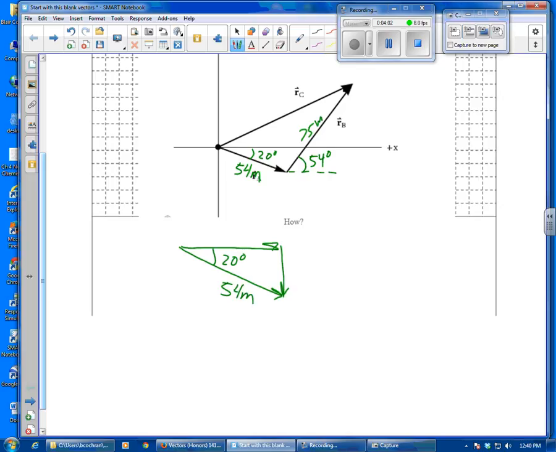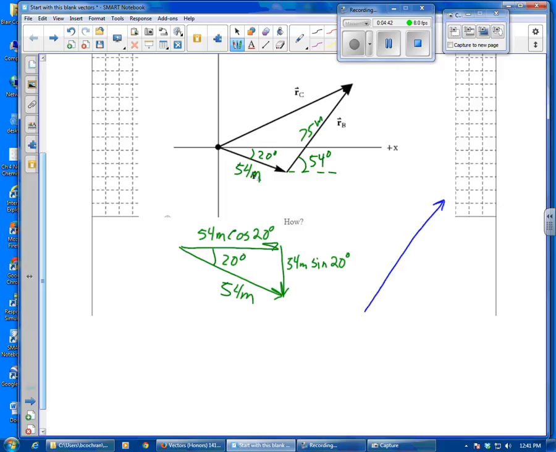I'm just redrawing this by itself. And so the adjacent side to the angle is always going to be cosine. So this side is 54 meters cosine 20 degrees. The opposite side is sine. So this is going to be 54 meters sine 20 degrees. Right? So I've broken RA down into its components.